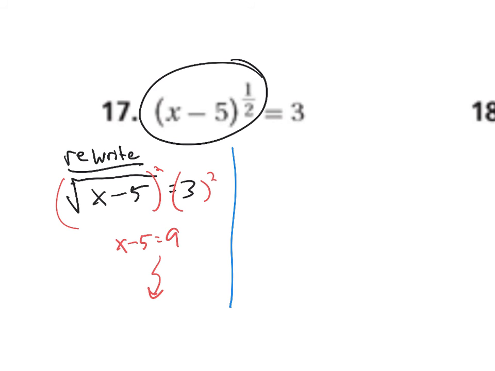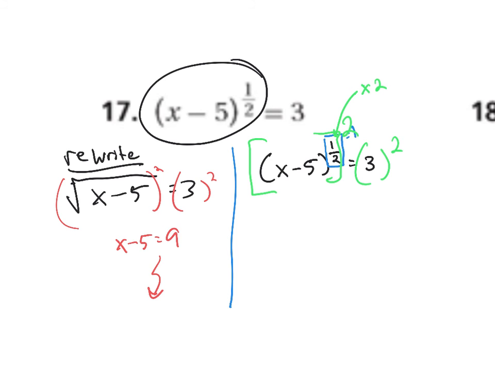Or let's just keep it as it is. x minus 5 to the 1/2 equals 3. So how do you make a 1/2 equal to 1? Well, I would need to multiply 1/2 times 2. So essentially what I'm saying is I am going to square this side, which means I need to square this side.